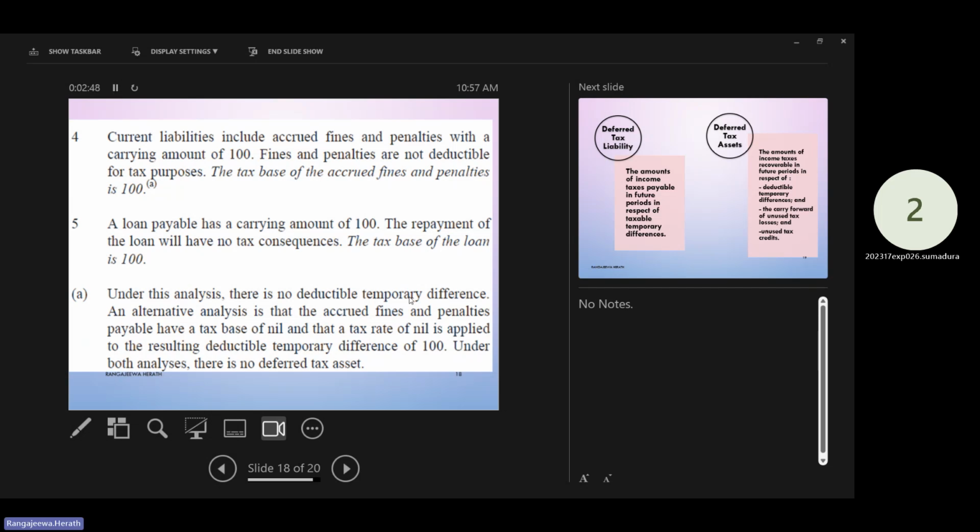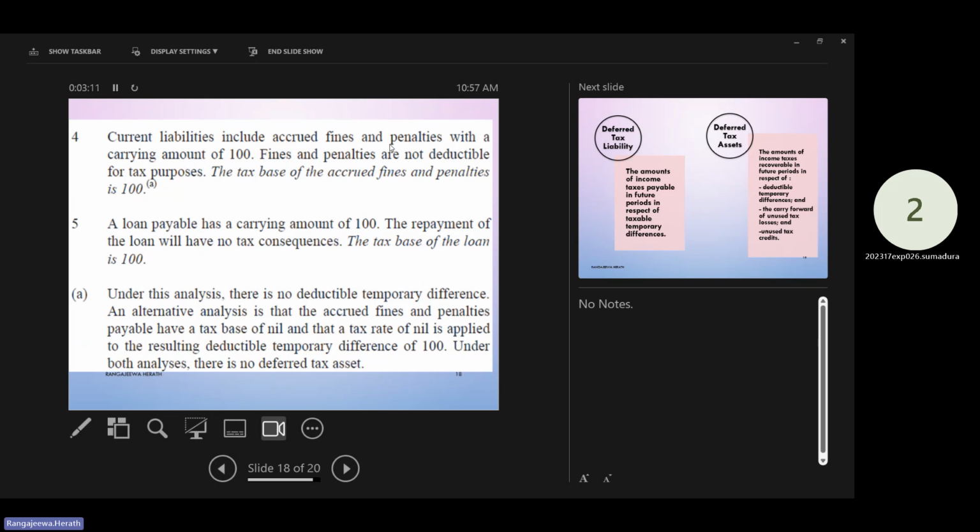Alternatively, if you go ahead with the double entry as per the tax law, now current liabilities include accrued fines and penalties. For accounting purposes, we debit expense, credit accrued expense. For tax purposes, since fines and penalties are not tax deductible, you can't debit expense. So there is no liability.